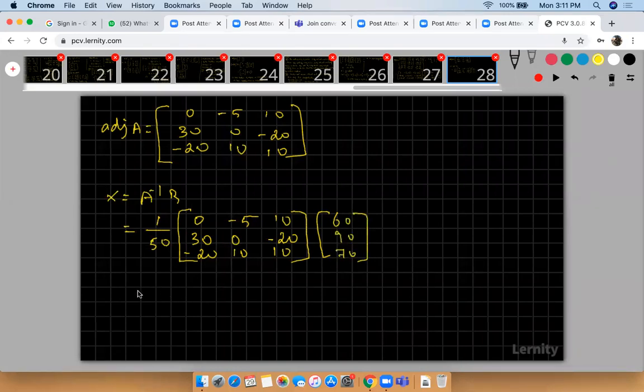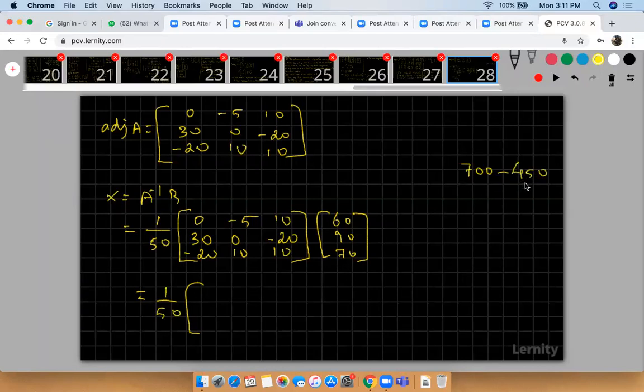Now multiply and simplify. 1 by 50. So this is 0. This is minus 5 into 90, minus 450. Okay, this is 10 into 70, 700. So therefore, this is 700 minus 450.